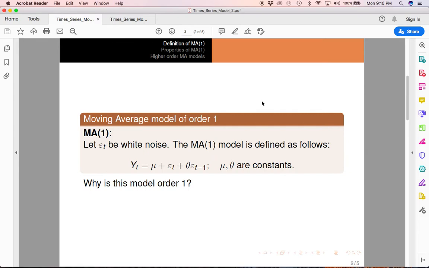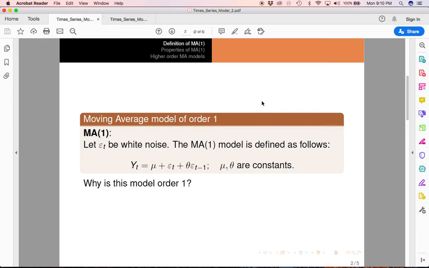In fact, it'll be the weighted sum of the Gaussian white noise sample at this particular time t and the previous time instant, weighted by this real constant theta, plus another constant term, mu. So y sub t would be defined as mu plus epsilon t plus theta times epsilon t minus 1, where mu and theta are constant. It is known as a moving average model of order 1.